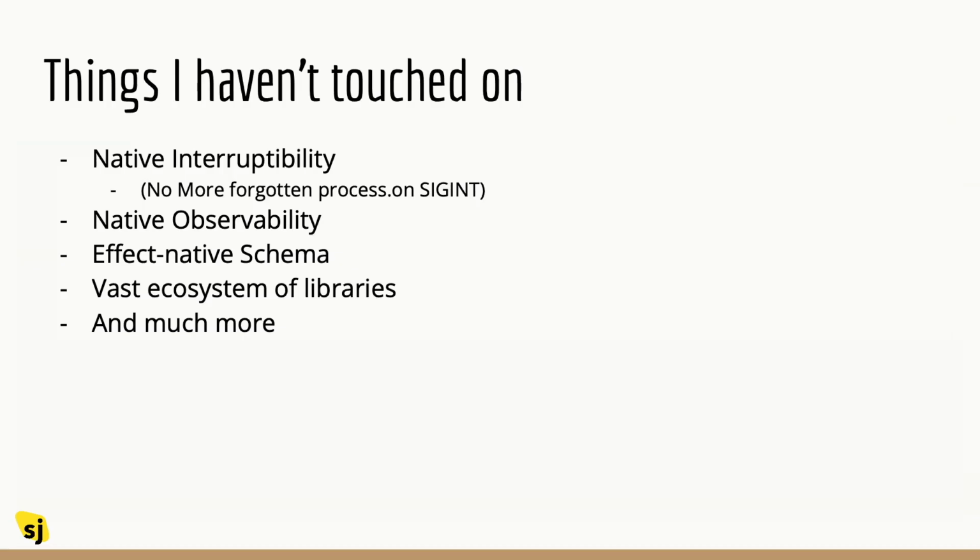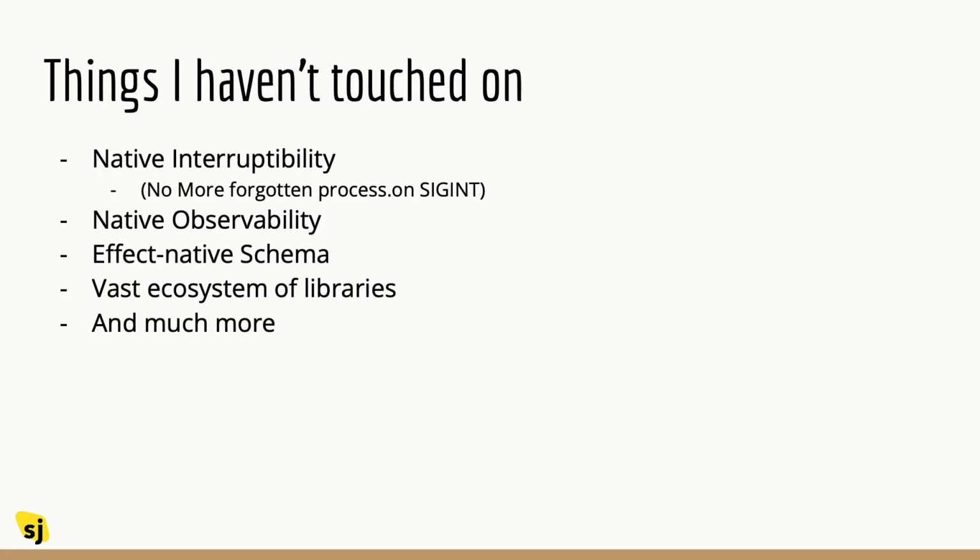They also have an Effect native schema. It's similar to Zod, but their APIs are Effect instead of promise, and the errors are type tracked as well. They've got a vast ecosystem of libraries. They've got integration with ORMs, they have AI SDKs. Most of the time, all they do is convert that promise to an effect, and your errors are tracked.